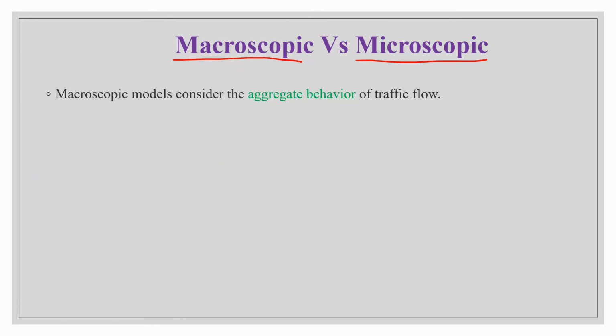So a macroscopic model considers the aggregate behavior of traffic flow. If we want to give a biological metaphor to it, the traffic flow can be treated as the flow of a fluid in an artery.